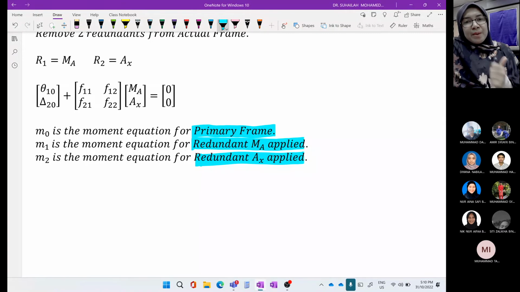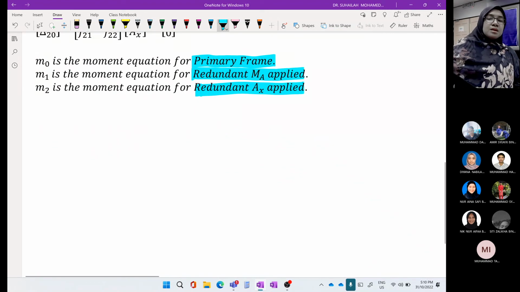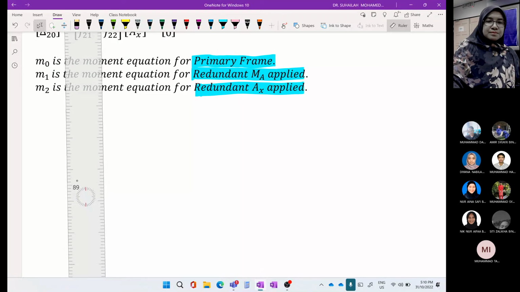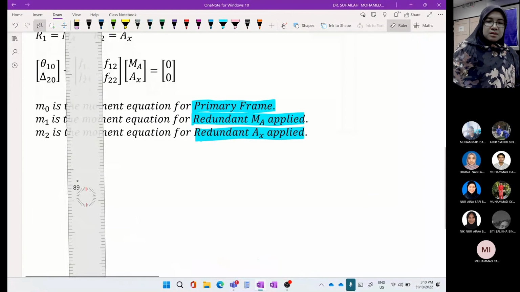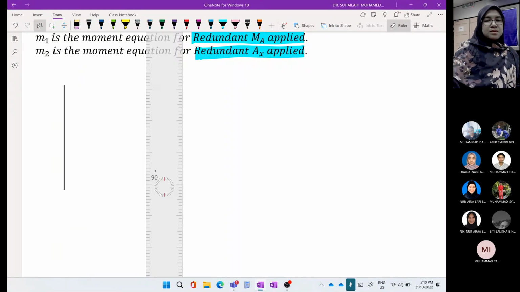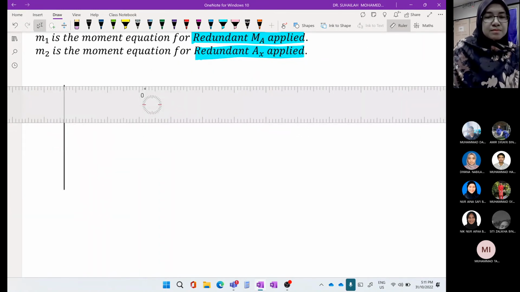We have the primary frame, redundant number 1, redundant number 2. These three must be the same frame.